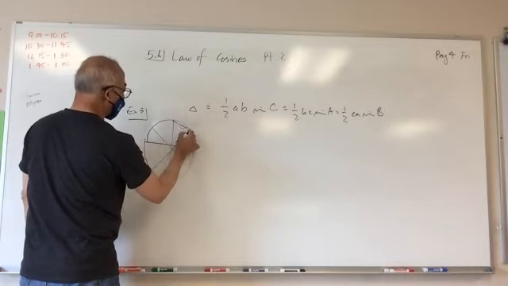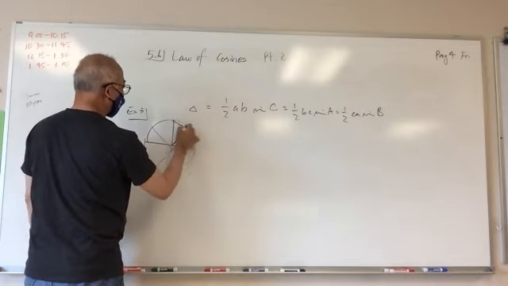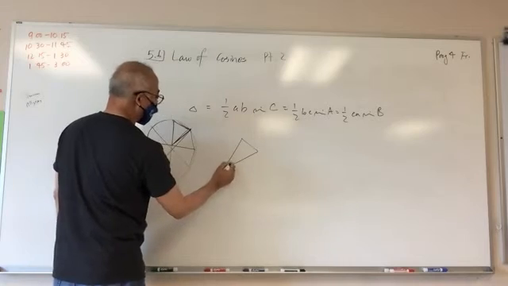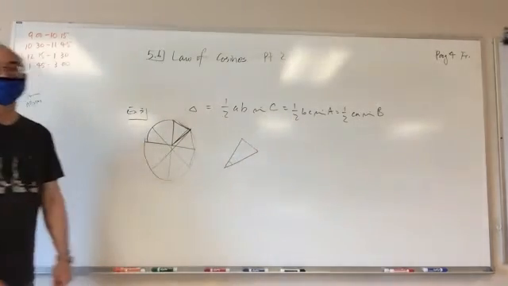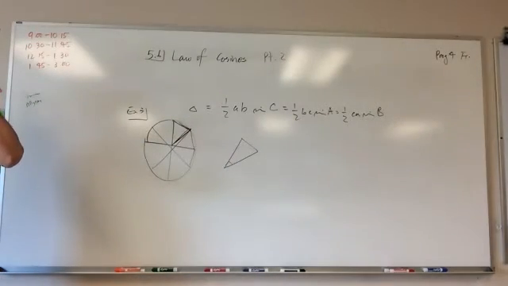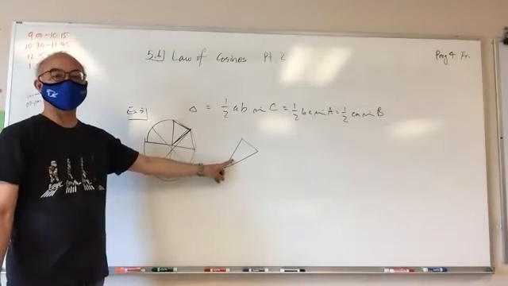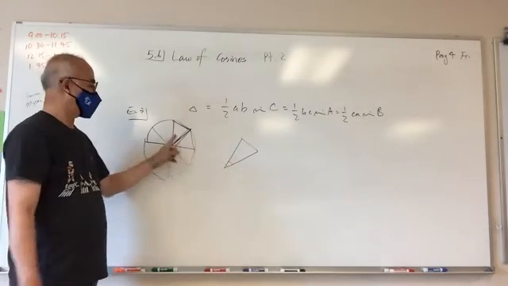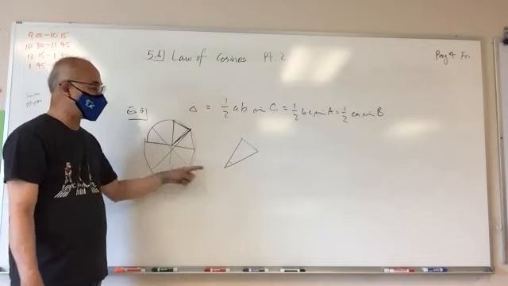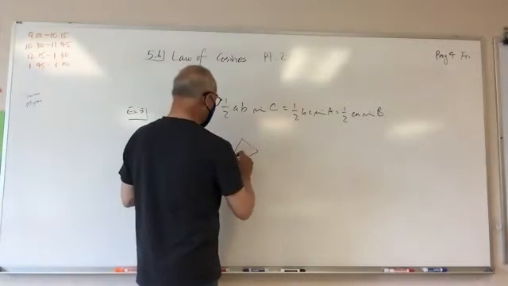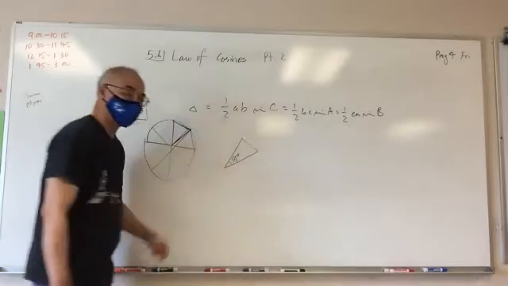Each triangle, if I blow it up, is going to look like this. How do I get the angle measure here? How many triangles are there? 8 of them, right? So I divide 360 by 8 to get 45 degrees.